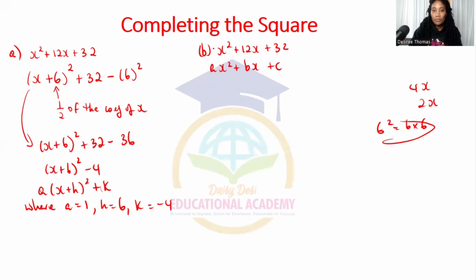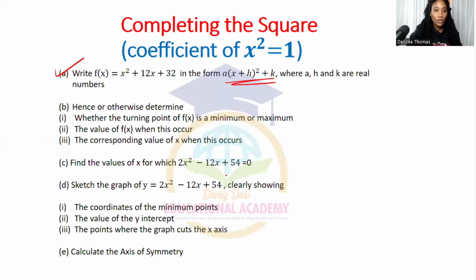Now a is understood to be 1, so a is equal to 1. Now 1 is greater than 0, so a is greater than 0. And once a is greater than 0, we have a minimum. A minimum means that the curve is shaped like this, and our turning point is a minimum. So the question asks us to determine whether the turning point is a minimum or a maximum, and we just realized that it's a minimum.